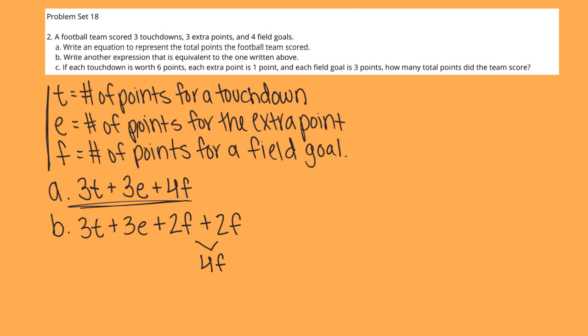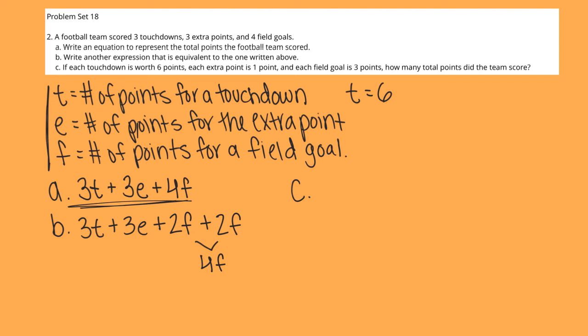All right, let's go ahead and go to C. So C says, if each touchdown is worth 6 points, each extra point is worth 1 point, and a field goal is worth 3 points, how many total points did the team score? So again, we know now that T for our touchdowns is going to equal 6 points because, in football, a touchdown equals 6 points.